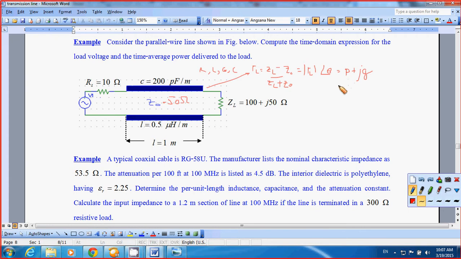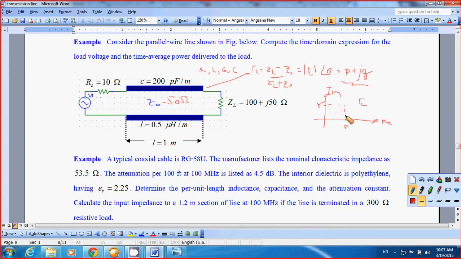Again, for the tau L plane or any complex number plane, you can see a picture like this one. You have the real part here, and the imaginary part here. Take tau L equal to P plus JQ. This is P, and this is Q, the imaginary part.